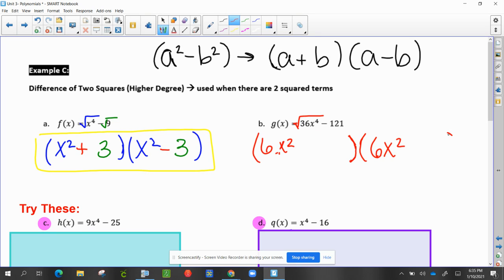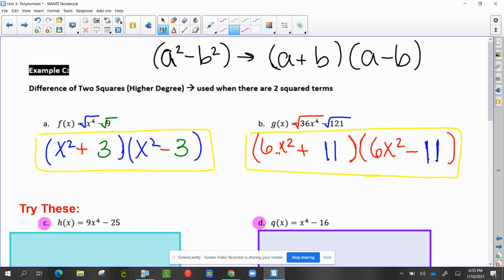One factor will have a plus, one will have a minus. And then the square root of 121 is 11. So we have plus 11, minus 11. And that one's done. So 6x squared plus 11, 6x squared minus 11.